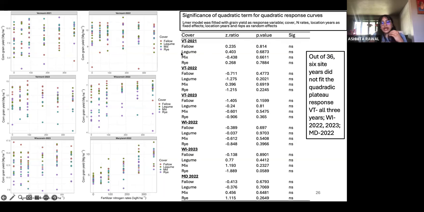If even one of the cover crops showed a significant quadratic term, then I used that in the analysis. And that's what I did for some of the site years, like Wisconsin first year. But unfortunately, we're not able to use these site years in the analysis because they had non-significant quadratic terms.